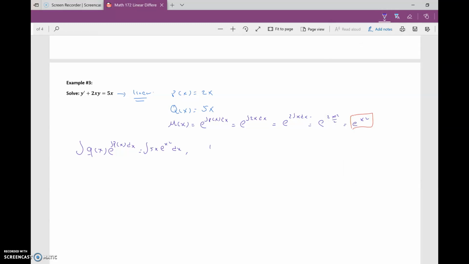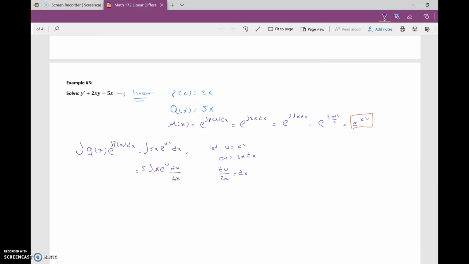So what I'm going to do is let u equal x squared. Du is equal to 2x dx. And then du over 2x is equal to dx. So you can rewrite the integral as 5 times the integral of x e to the u, and then du over 2x. So our x's cancel.